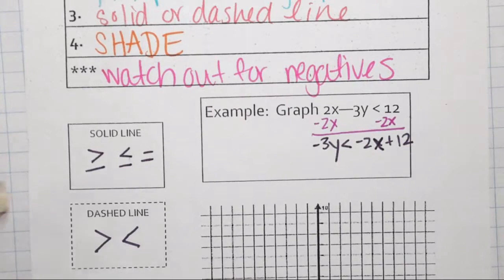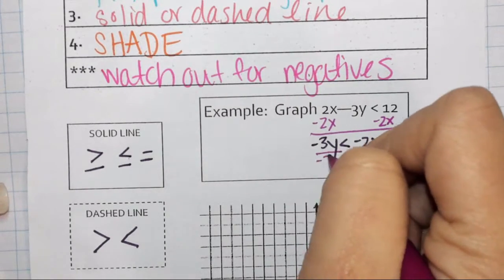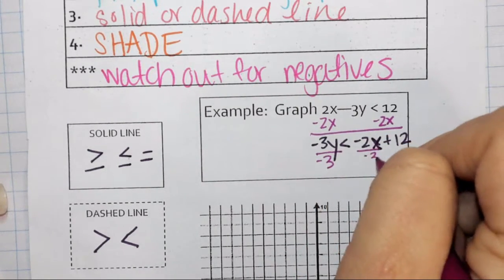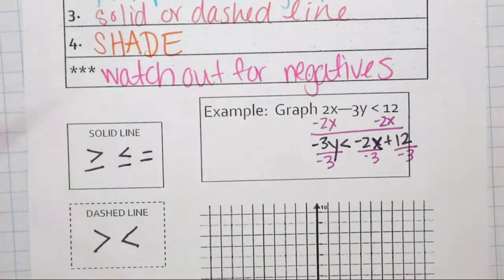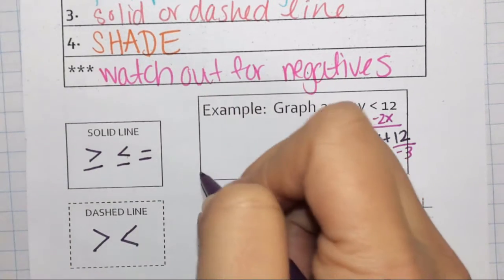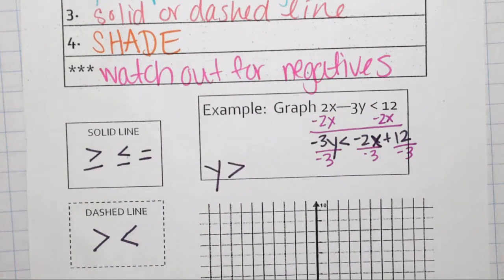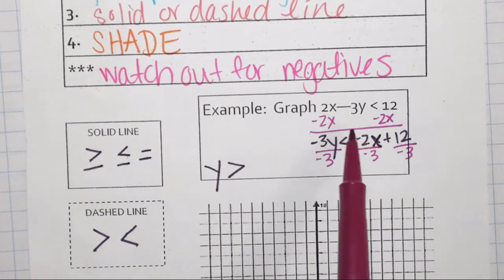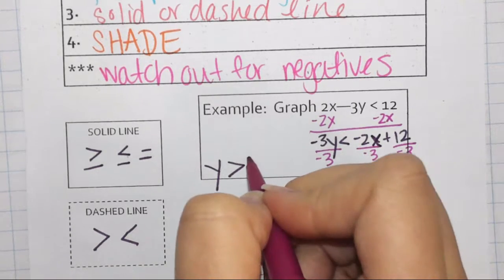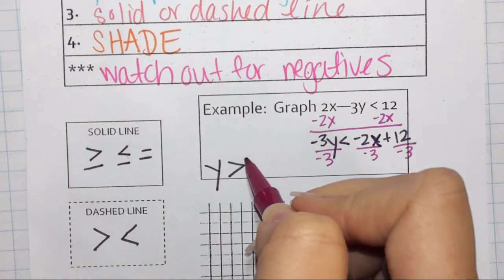And now, divide by negative 3. And what did we divide by? A negative. So what do we need to do to our inequality sign? You have to flip it. Watch out for your inequality sign. So what is negative 2 divided by negative 3? 2/3.